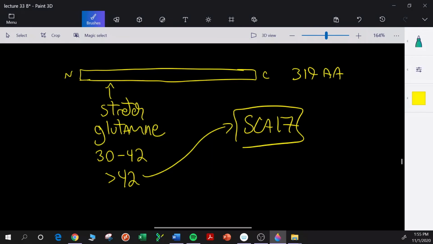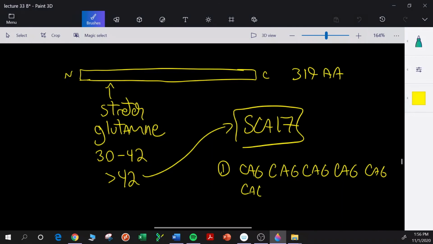One of the mechanisms that can lead to an expansion of the glutamines here is replication slippage. If we look at the gene, we're going to see lots of CAG codons over and over again in this region.